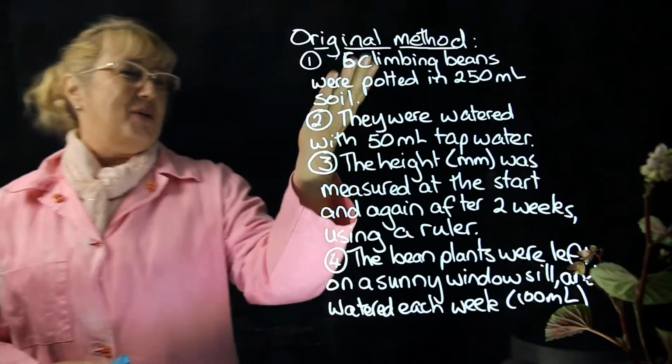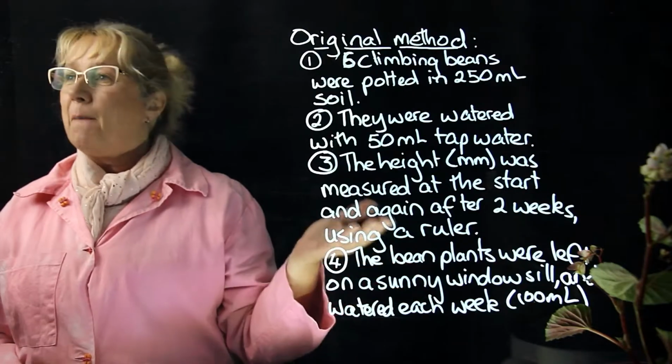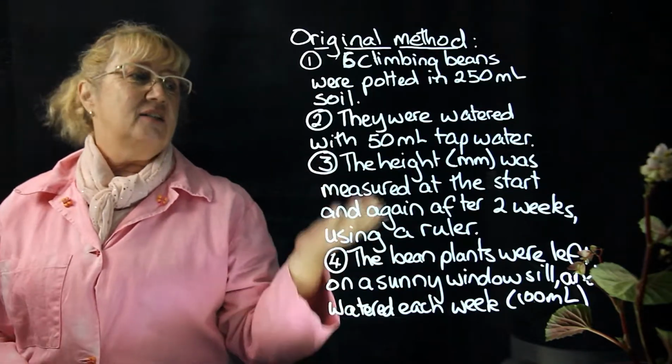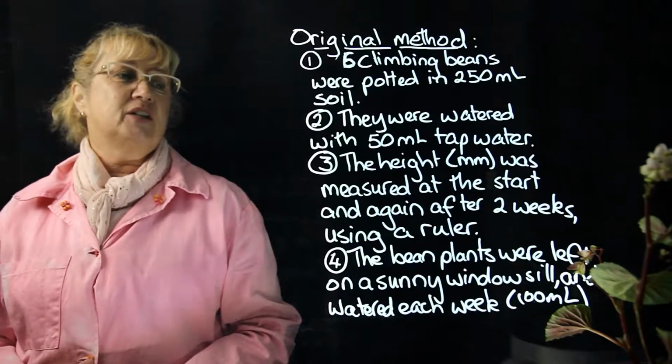Correct. So, shall we get on with it then? Let's do it. Over to you. Thank you, Suze. So over here, we've got a method, and this method is just for growing beans. But if we want to change it to test our research question, we're going to have a look at what needs to be changed.